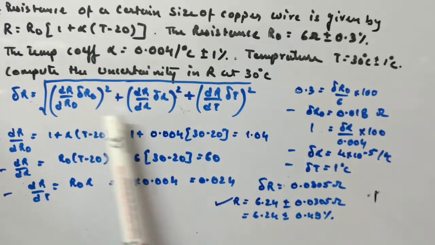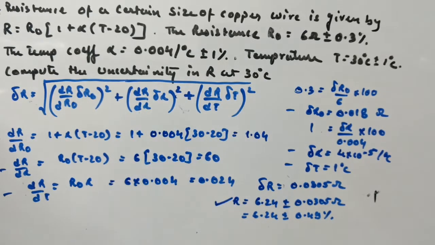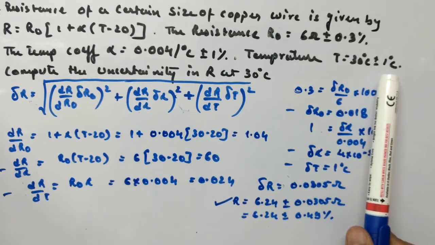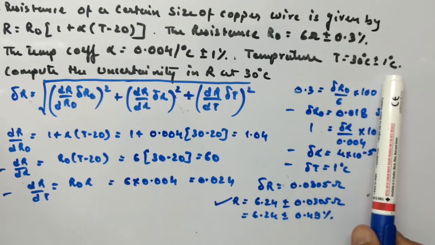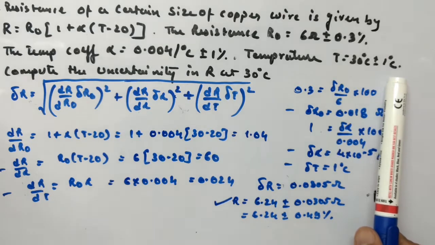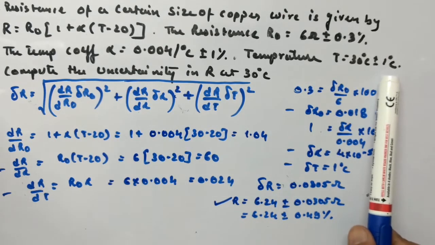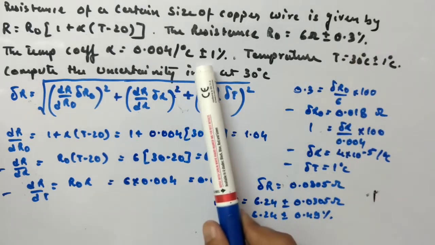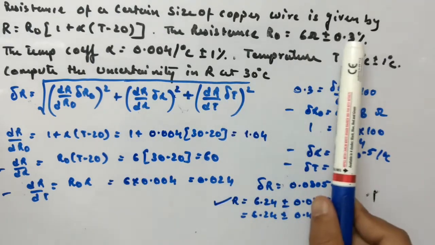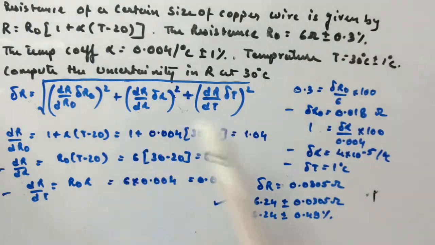Now you want del R0, del alpha, del T. Okay, so if you look properly, here del T is given in nominal form, not in percentage, that is 1 degree Celsius, but these are given in percentage, so you have to convert them into nominal values.